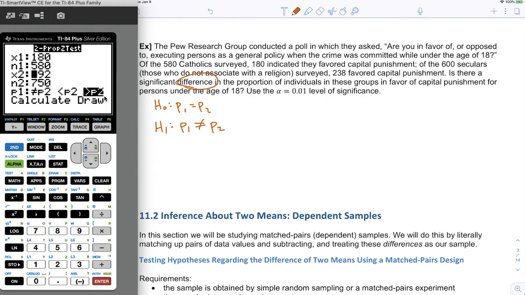For the seculars, 238 favored capital punishment out of the 600 that were surveyed. And then we're using a not equal to hypothesis. And then we calculate, and this should give us our p-value. Okay, so our p-value is the second thing right here. It's about 0.002 if I round it to 3 decimal places.